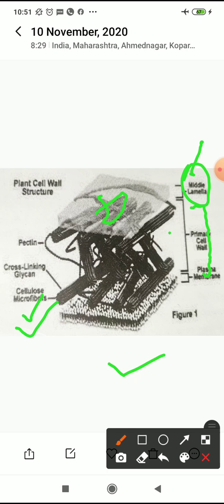Actually, cell wall is formed immediately after division of cell, and this cell wall, which is laid down just after or immediately after cell division, is called primary cell wall. Many plant cells have primary cell wall only around their cell. This primary cell wall is composed of pectin, hemicellulose, and a loose network of cellulose microfibrils.